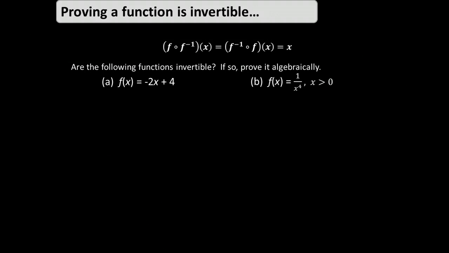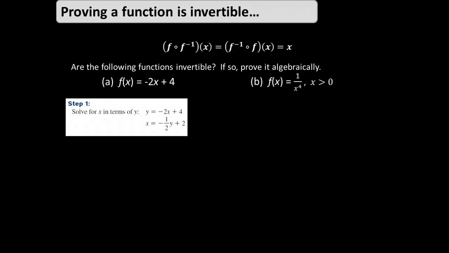So, are the following functions invertible? And if so, prove it algebraically. And those directions are pretty important. If it doesn't say prove it algebraically, you can graph it, check for one-to-one, and if it's one-to-one, it's invertible. Life is good and you move on. But when it says prove it algebraically, we're going to have to do the math.